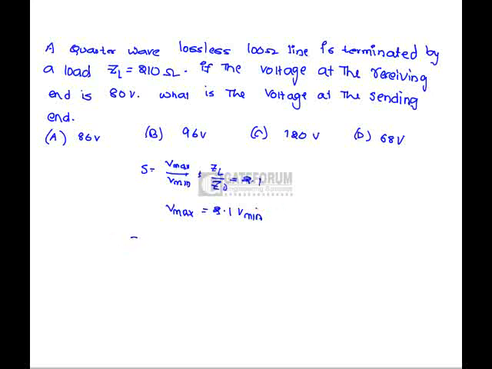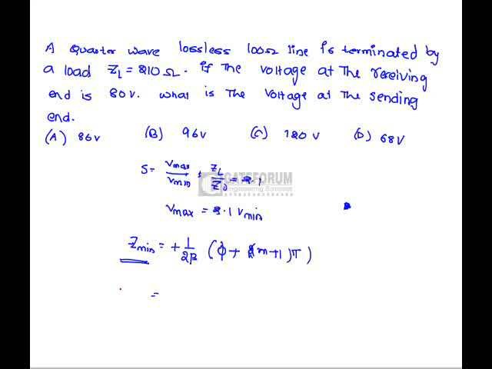Here Zmin means the distance from the load end where the voltage minimum is occurring, which is at the location pi plus (2m plus 1) pi. This is the location where the minima is occurring.